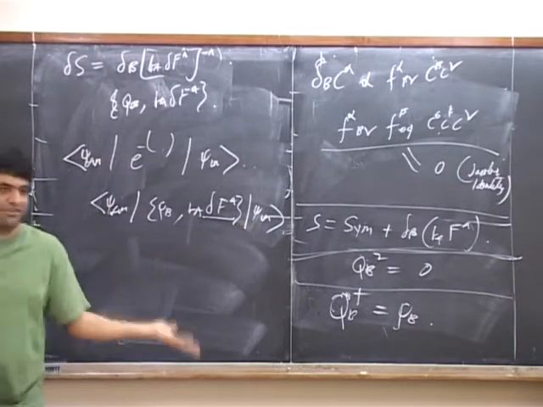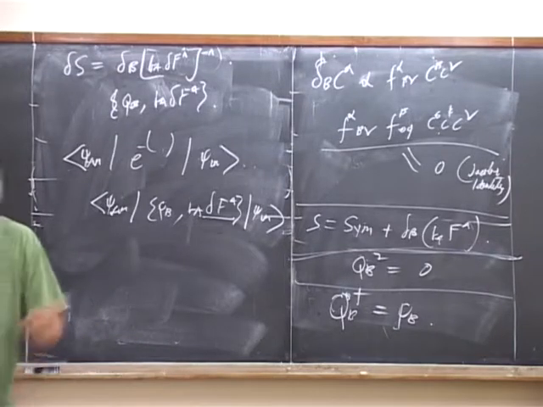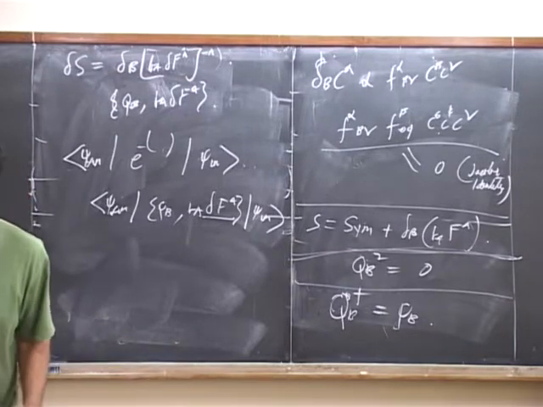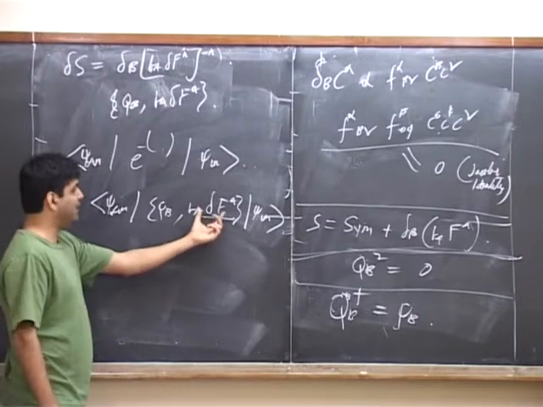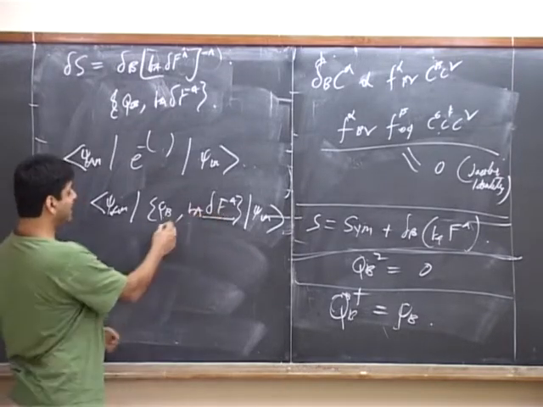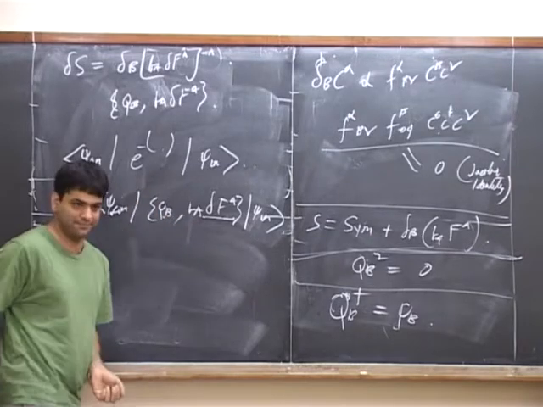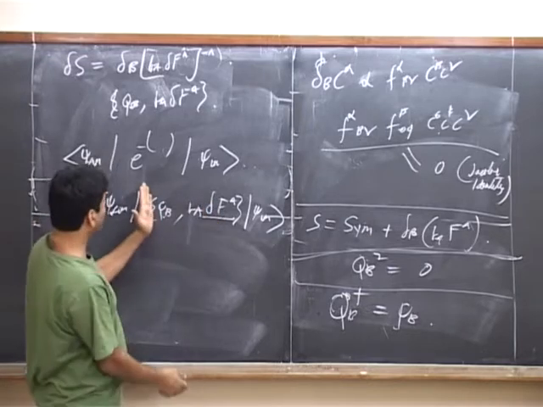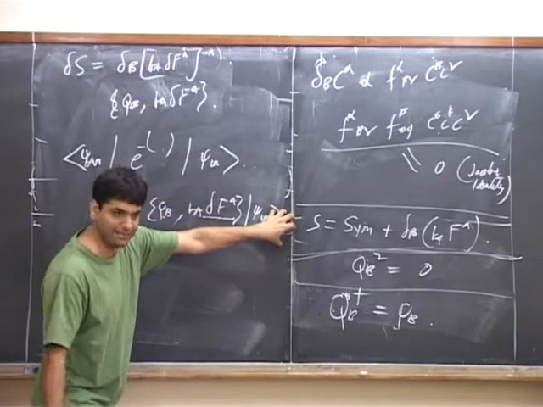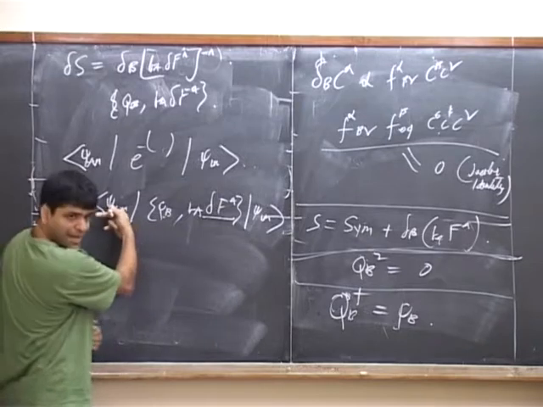It won't be true for every state you write down, for sure. It must be some condition that you impose on states. And the only way this can work, because delta F is completely arbitrary, is that it must be a condition involving QB acting on the states. Since delta F is completely arbitrary, we don't want a condition on QB times this whole thing. So it must be a condition on QB acting this way.